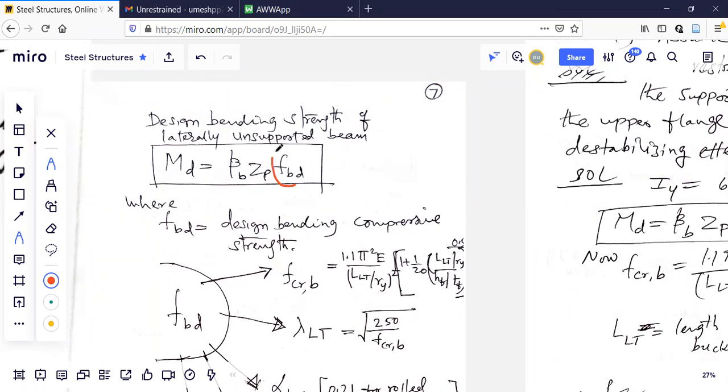So when you solve laterally supported beams, you try to understand how we calculated this. Now I'm going to calculate this one. You can see here, it means lengthy calculation is involved. Finally, you arrive at fbd.